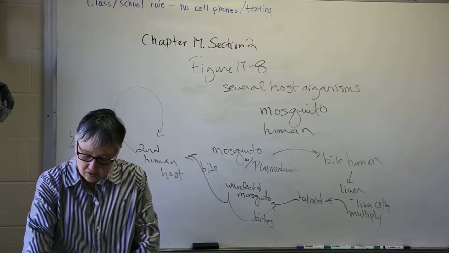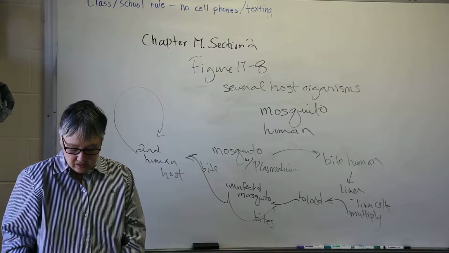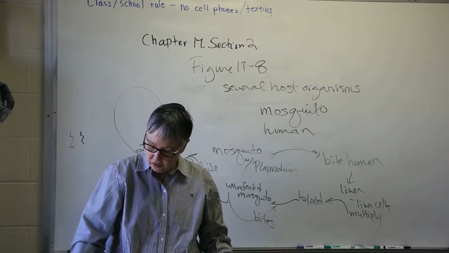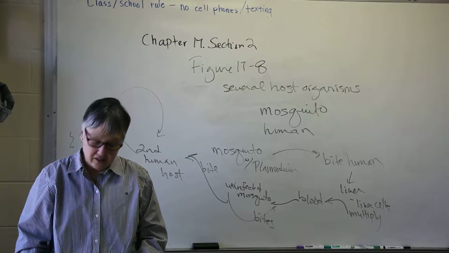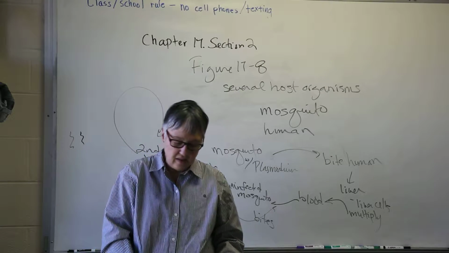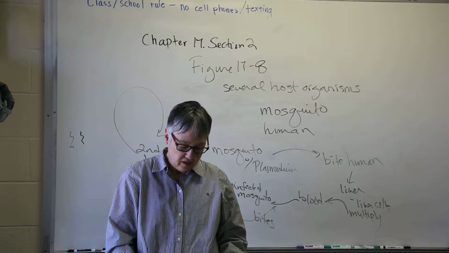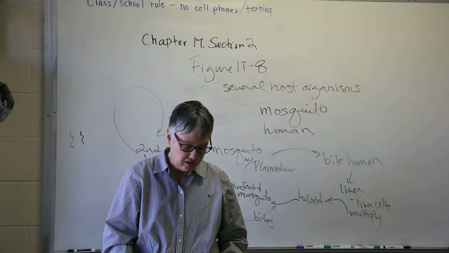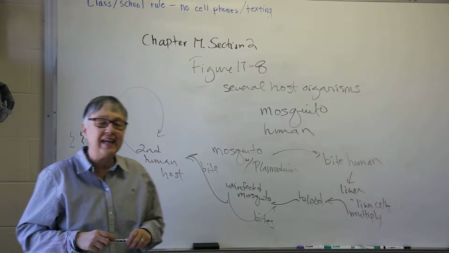What I'd like to do now is to turn to the next section that I asked you to read, and that was section 4. We're actually skipping section 3, and we're going to talk about the algae.